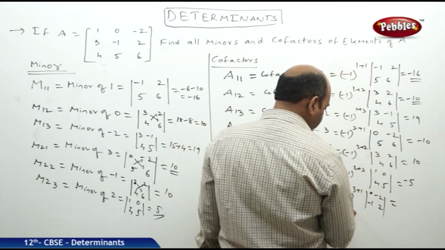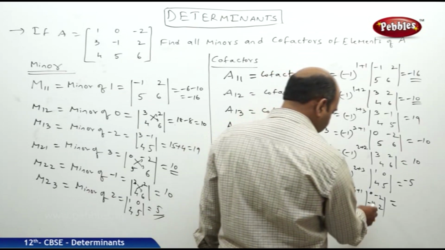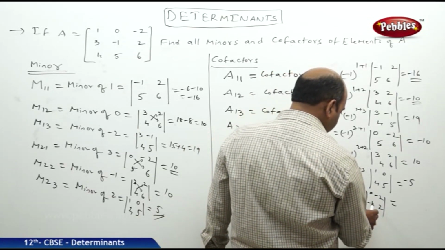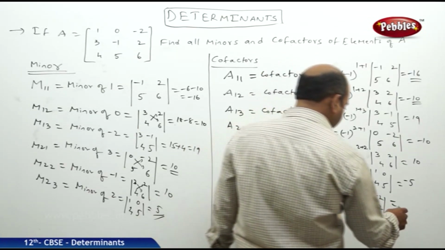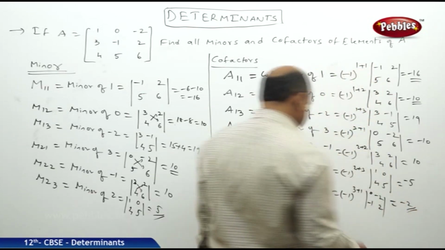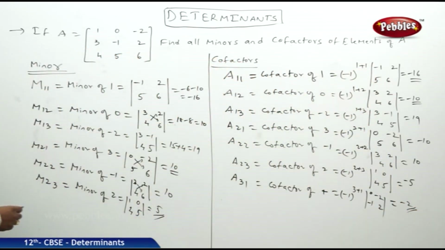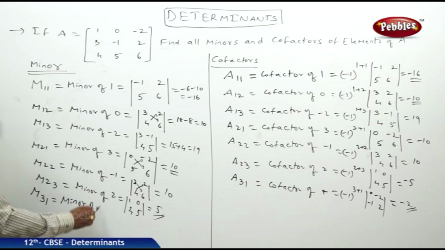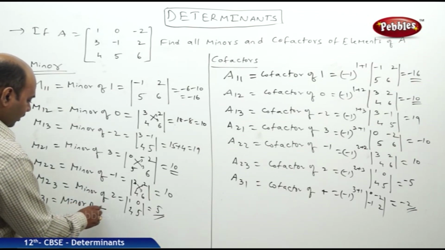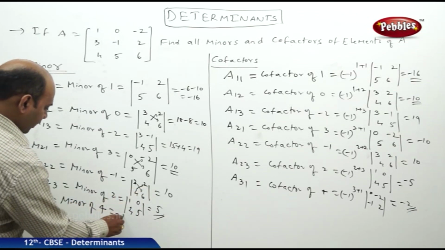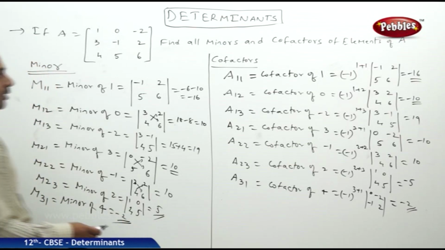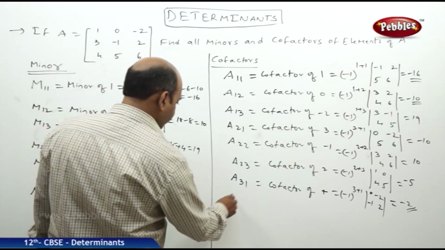That is equal to minus 1 to the power 4 is 1, and here 0 into 2 minus of minus 2. So happens minus 2. So here also, therefore directly I am writing here M31 means, as place is not sufficient, minor of 4. Minor of 4 means what we obtained here? Minus 2. Now similarly A32.